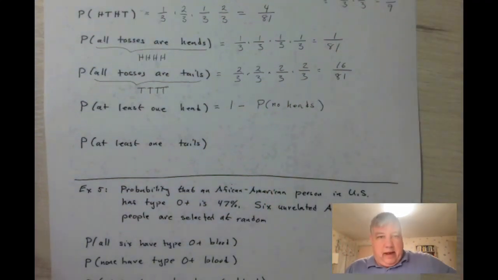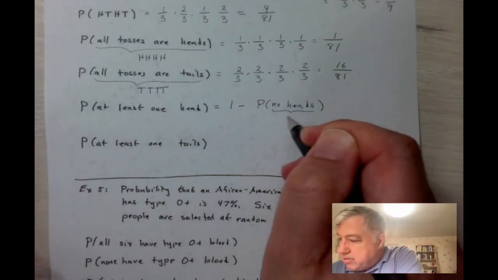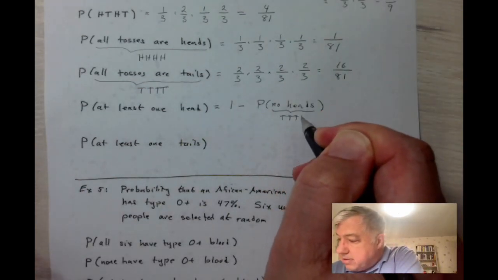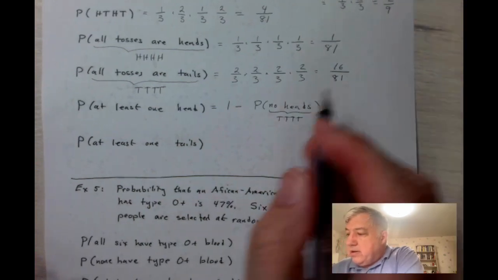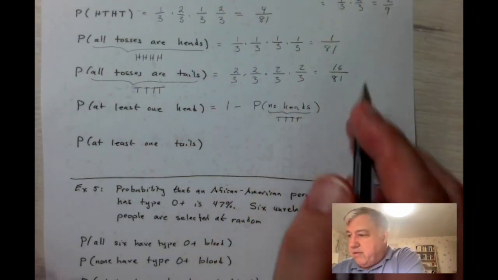And no heads, there's only one way that can happen, right? If they're all tails. And we just computed this probability as 16/81.